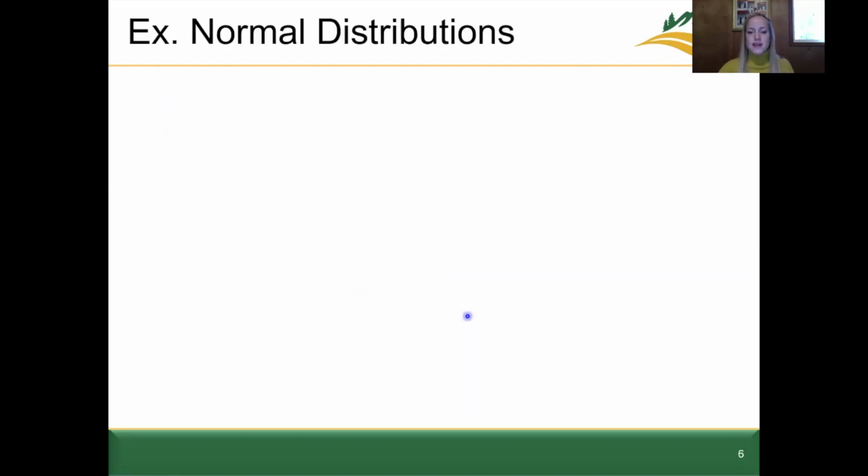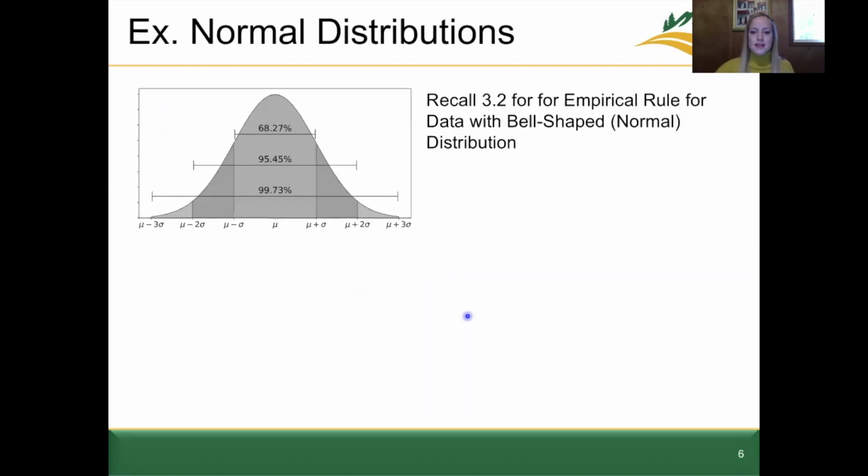Here's some additional examples of normal distributions. You've seen something like this before, so if you want to go back to 3.2 to get a refresher on this empirical rule of data with a bell-shaped or normal distribution, it's essentially telling us how much of our data is going to fall between -1 standard deviation and +1 standard deviation, which that percentage of data is about 68.27.